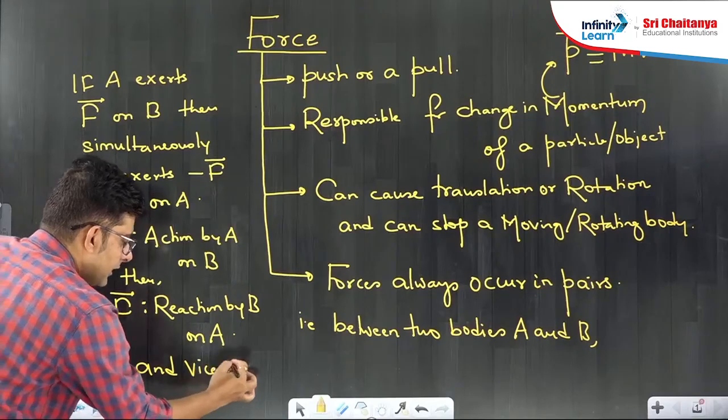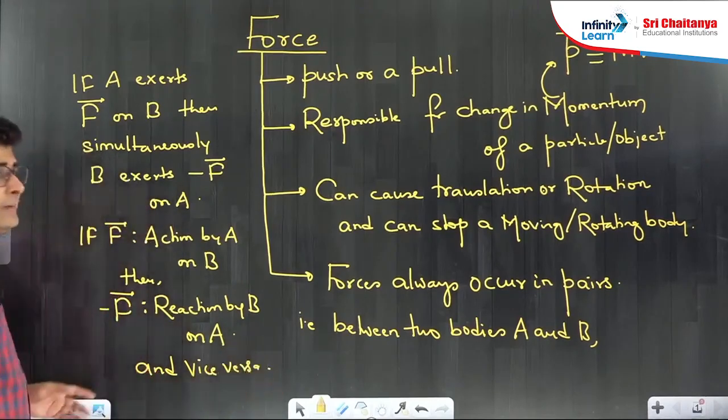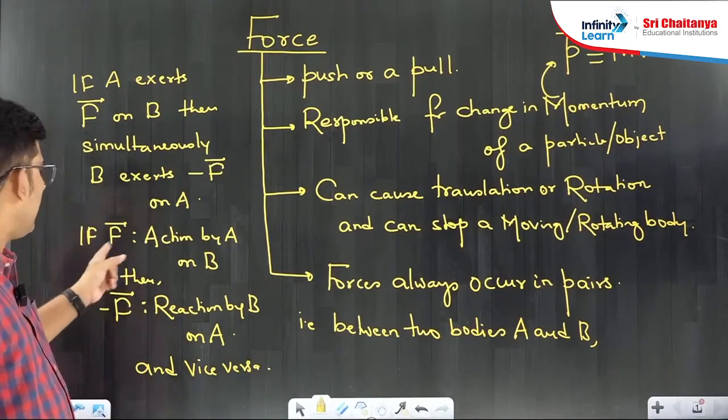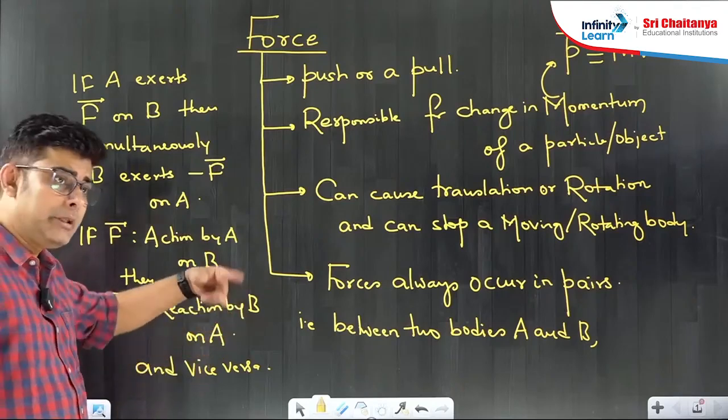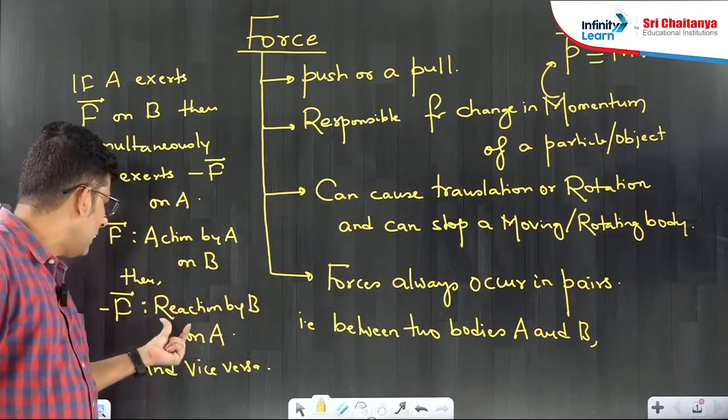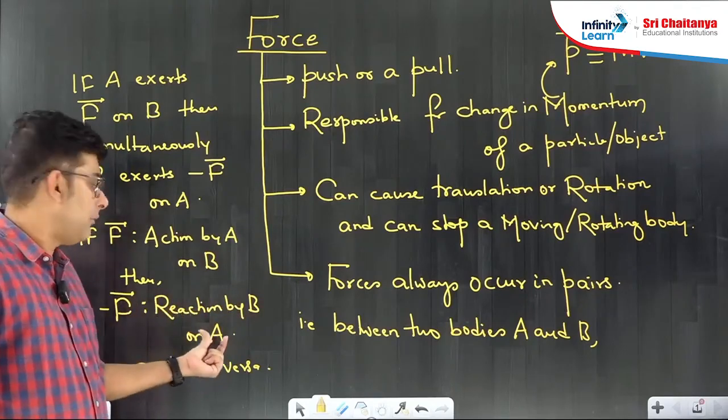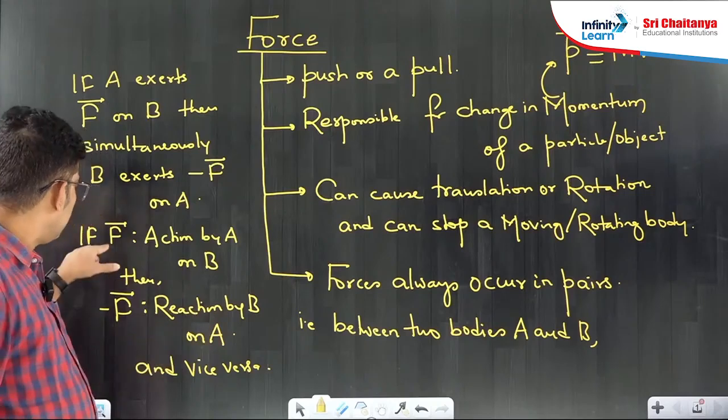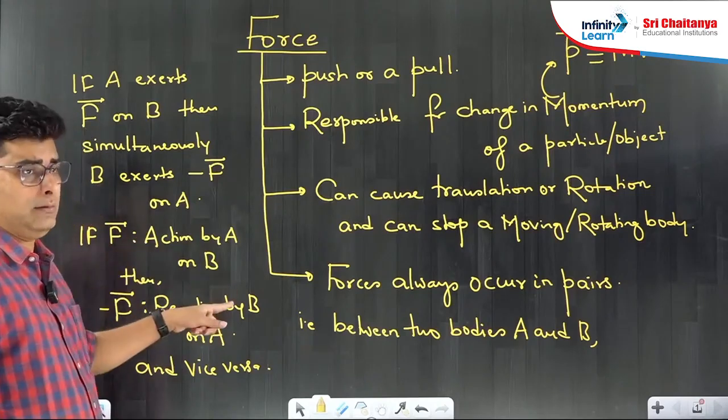It is not necessary that you will always call the force by A on B as action. It can be the other way around. You can call minus F the action by B on A, then F will become the reaction.